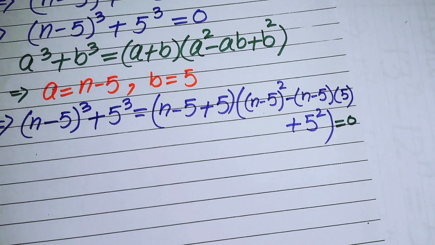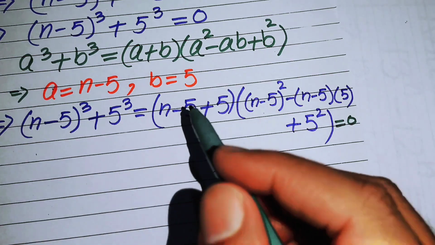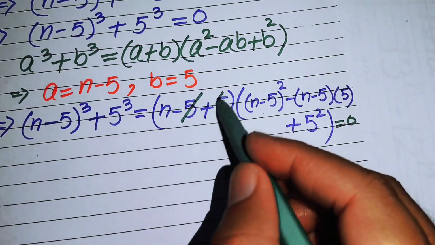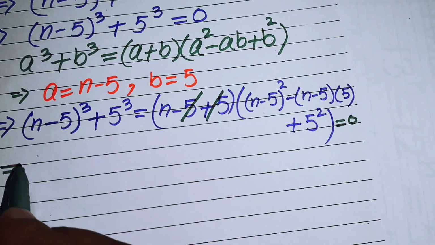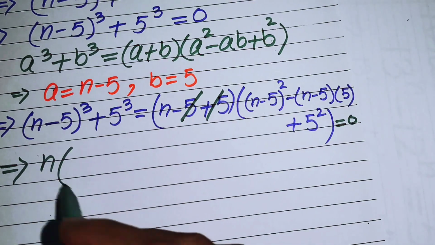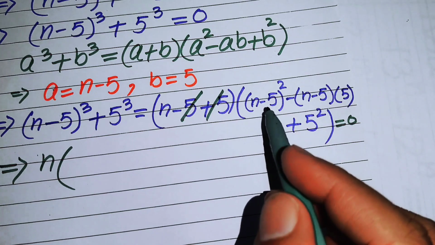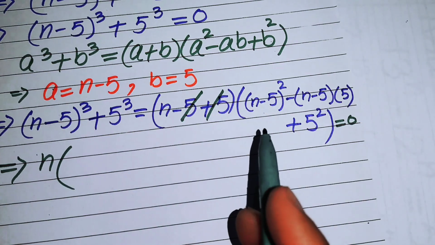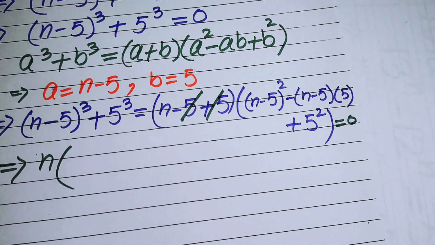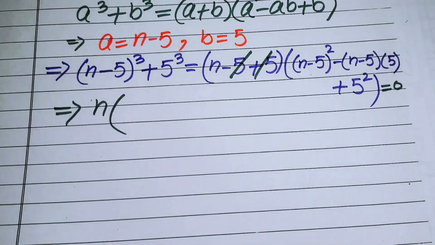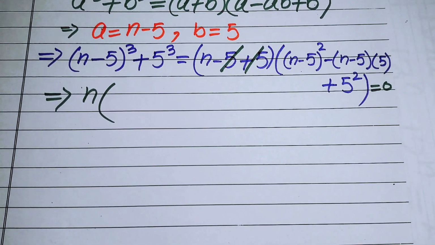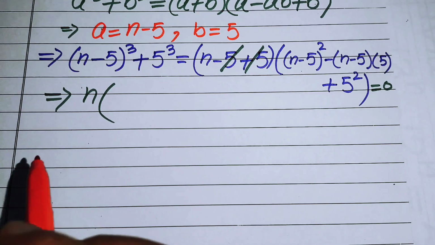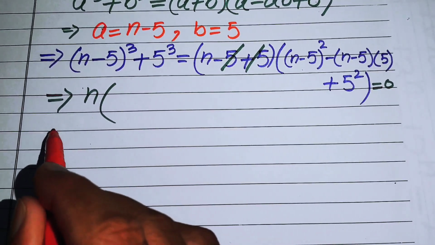So now we have these two terms cancelled by each other, and you will get here only n into, here we can open this nice formula, and we will use here the square identity. I can just recall this identity here.